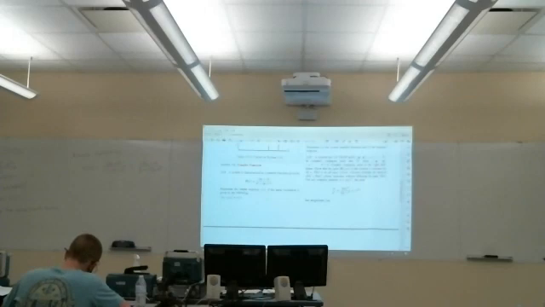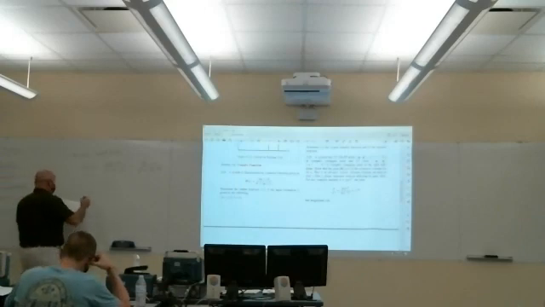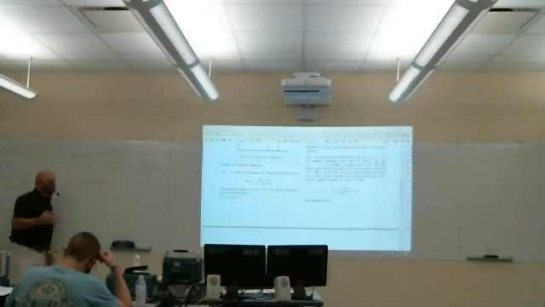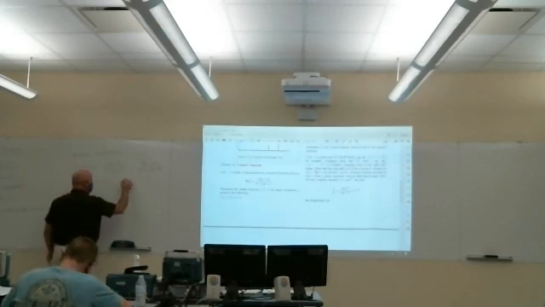The second order polynomials will either give us 2 distinct real roots, a repeated real root, or a complex conjugate pair of roots. x1 of t is u of t. So what's the corresponding x1 of s? What's the Laplace transform of u of t? Yeah, it's 1 over s.